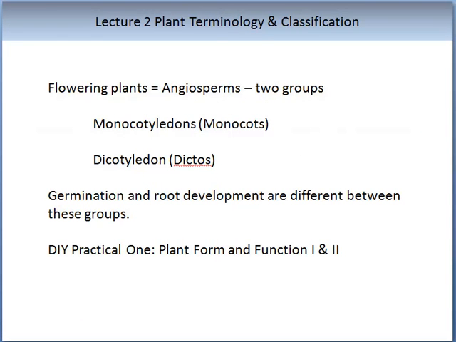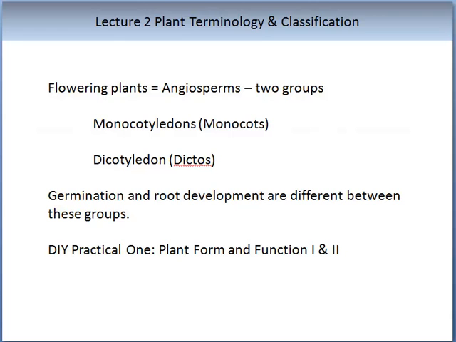In order for us to understand root development, first we must classify some components of the plant kingdom. The plant kingdom can be separated into plants that will flower and those that will not. The flowering plants are referred to as the angiosperms and are a division of the anthophyta.